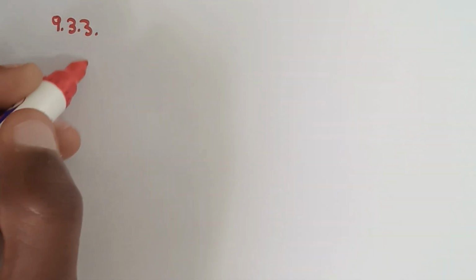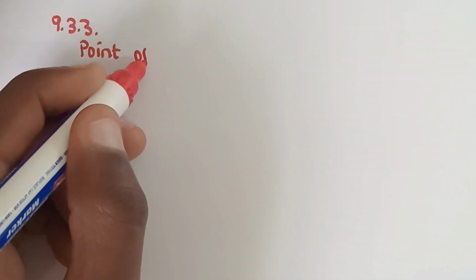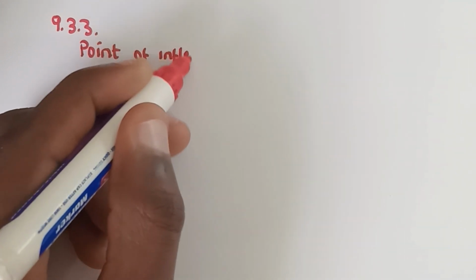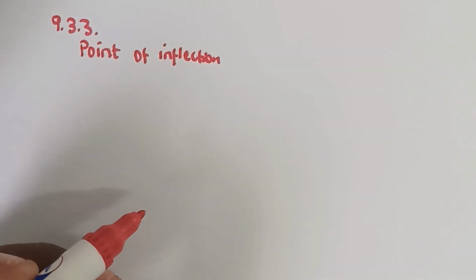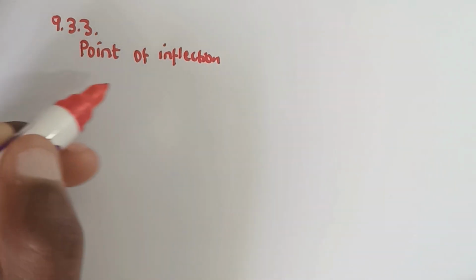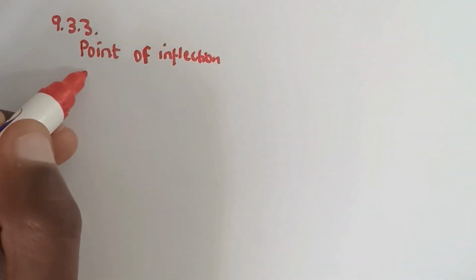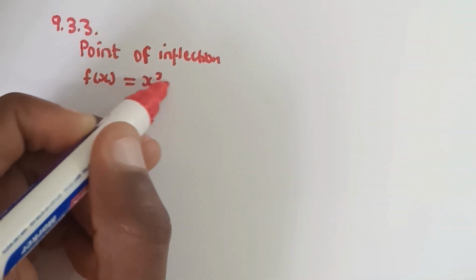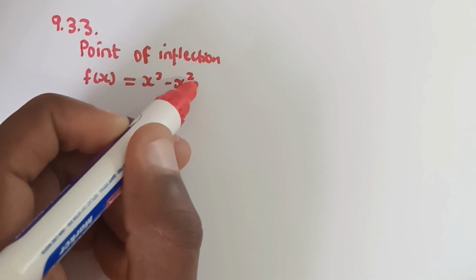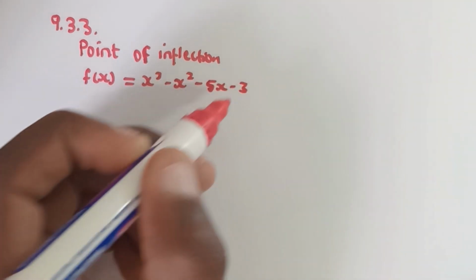To find the point of inflection, we go to our general equation, that is f of x equals x cubed minus x squared minus 5x minus 3.